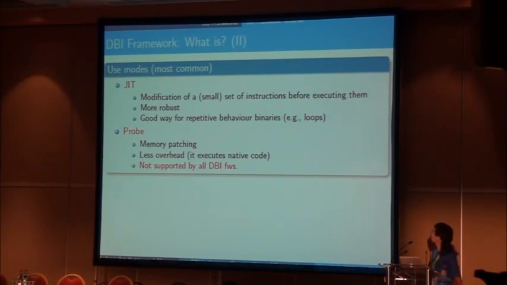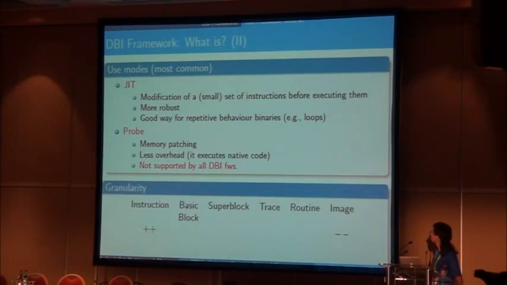The other mode is probe. In this case, you are doing memory patching. This has less overhead and executes native code, but it is not supported by all the DBI frameworks that are currently available.